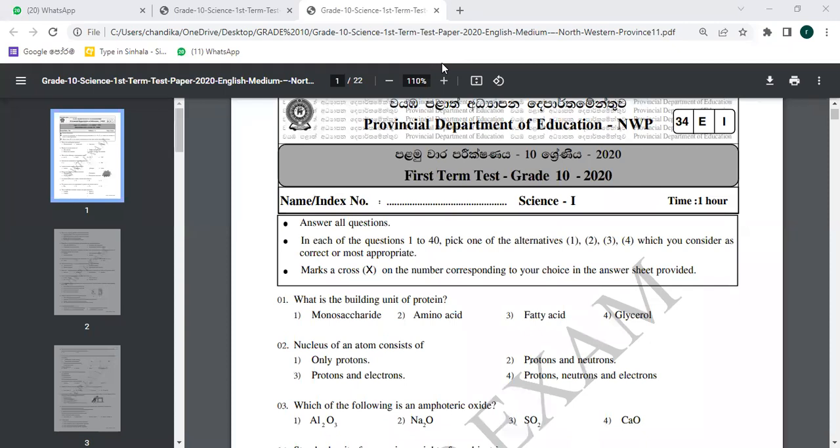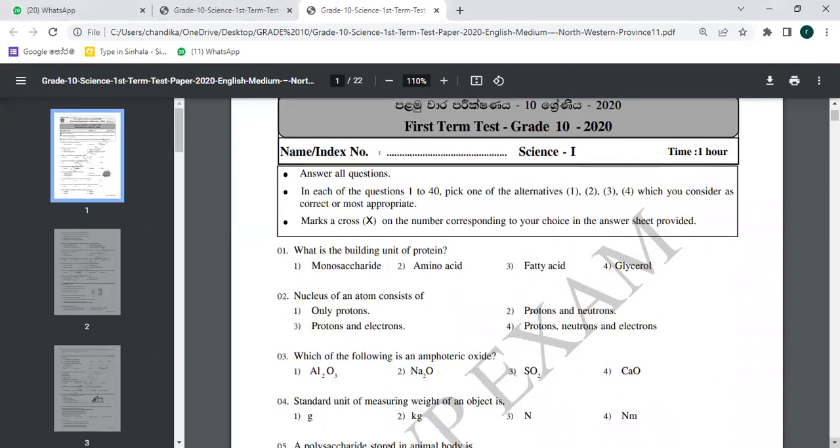So to select the most suitable answer, you have to use your intelligence, and that time only you can find the correct answer. The correct means marks getting answer, of course. So there are not always correct answers, there are most suitable answers also. Keep that in your mind.